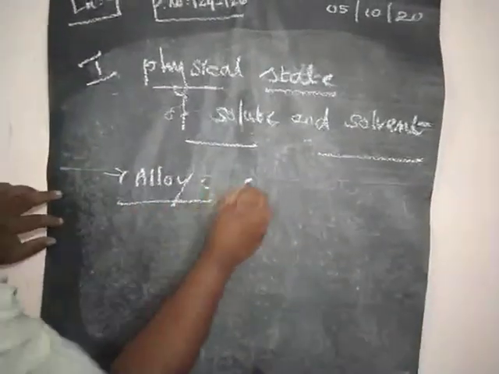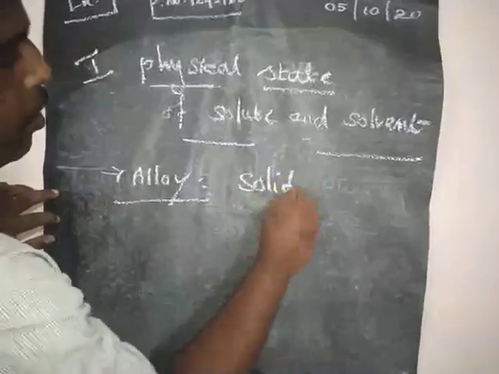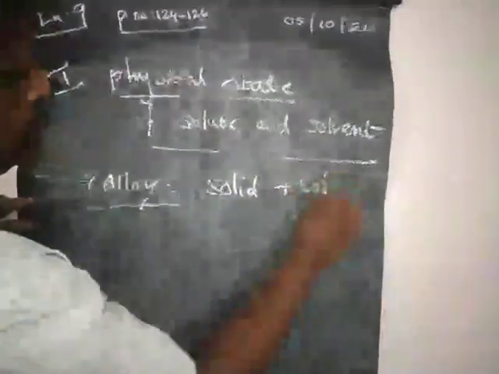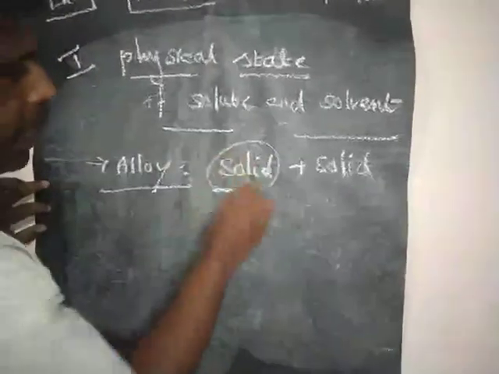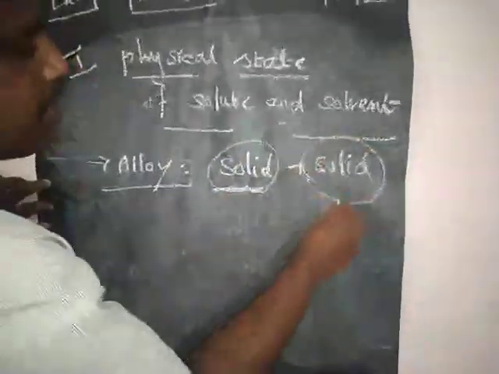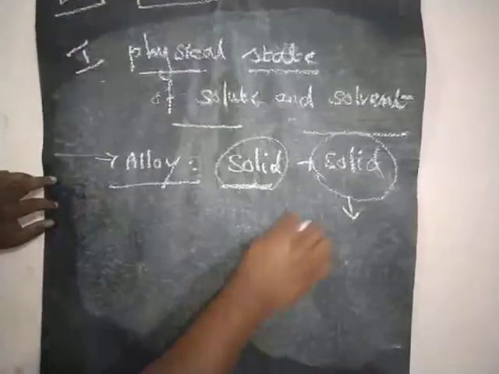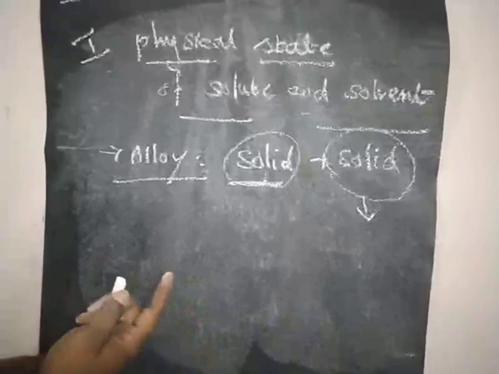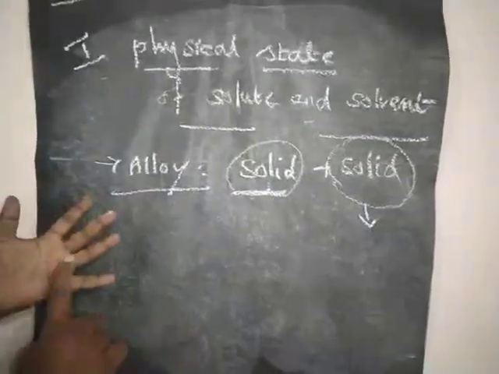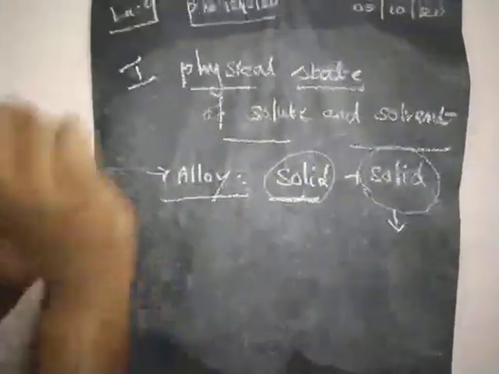A solid mixed with solid. Here the solute is a solid, and the solvent is also in which state? Solid state. Already we know matter can exist in three physical states: solid, liquid and gas.